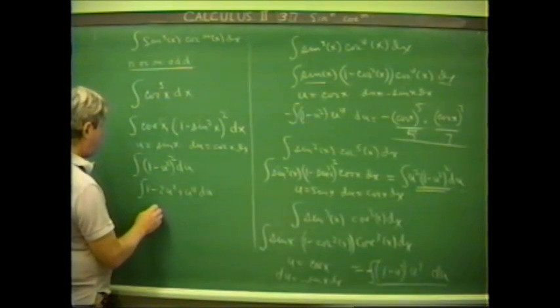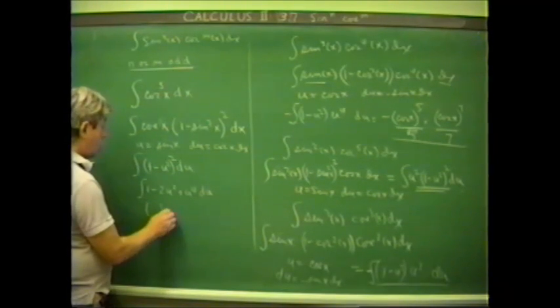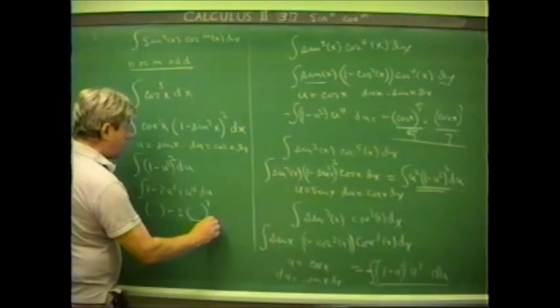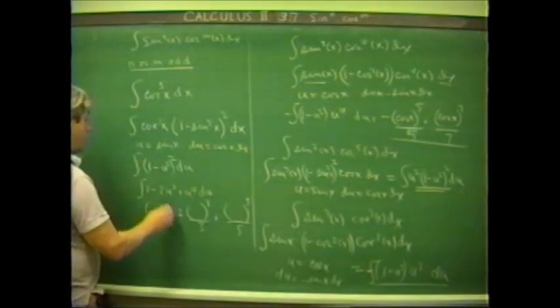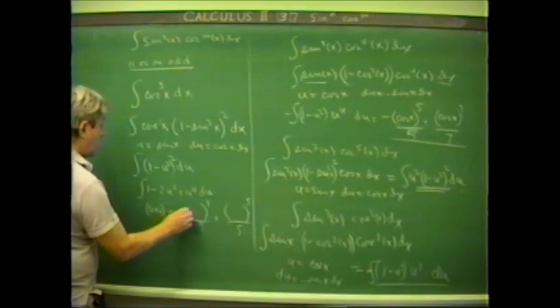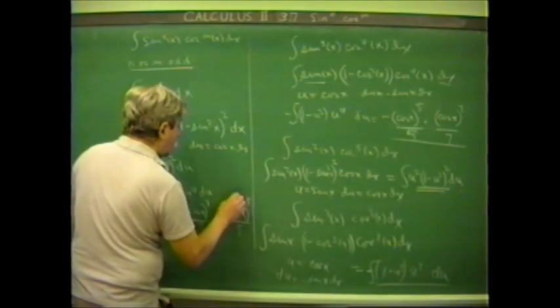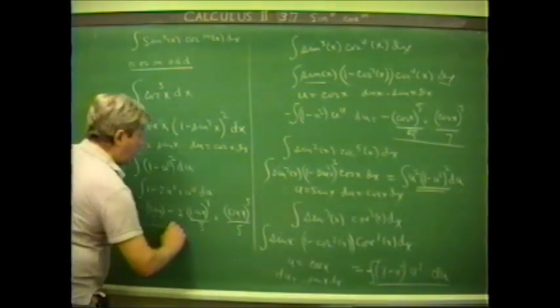And the antiderivative is going to be u minus 2u cubed over 3 plus u to the 5th over 5, and u is sine x. So there's the antiderivative, plus, of course, any constant.